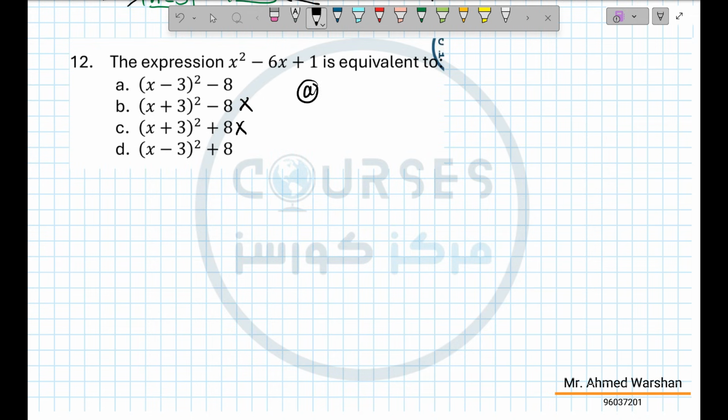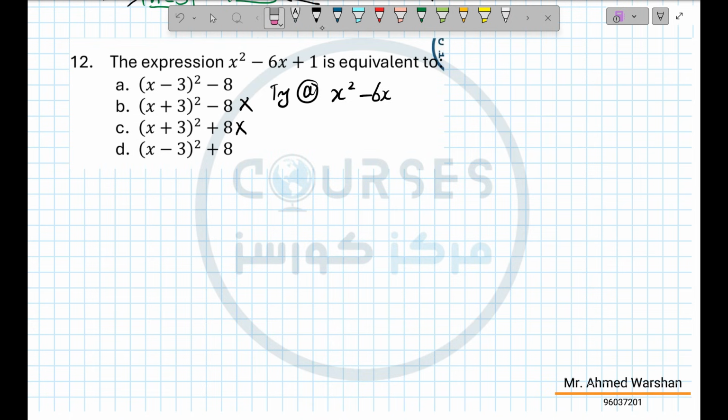If we want to try A, you can do this either using the formula a squared plus 2ab plus b squared, or you can do it as two brackets repeated. I'm going to use the formula. a squared, so x times itself, x squared, and then 2 times a times b. 2 times negative 3 is negative 6, negative 6 times x, that would be negative 6x.